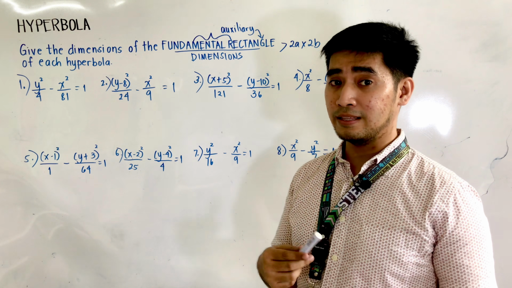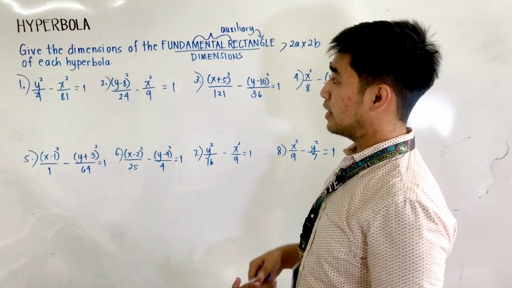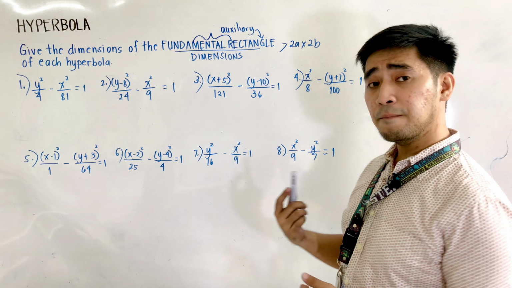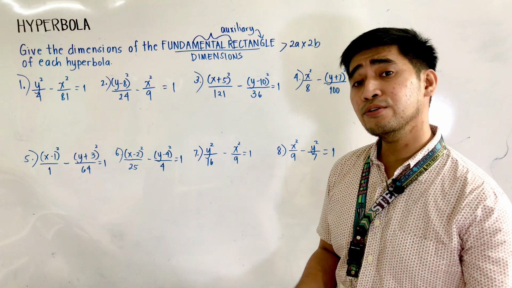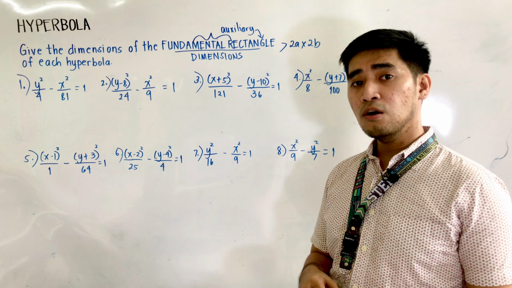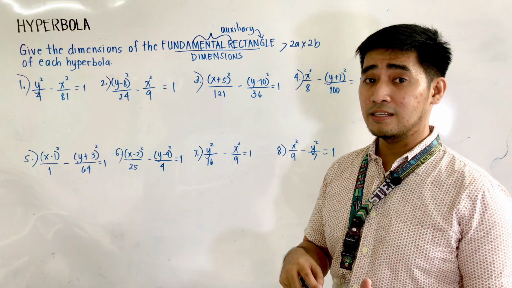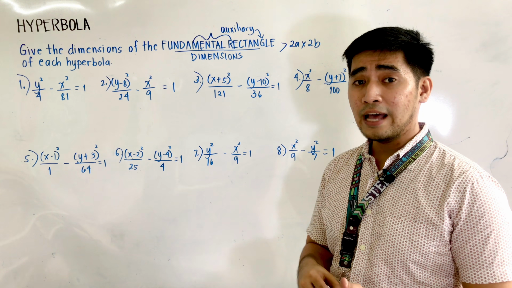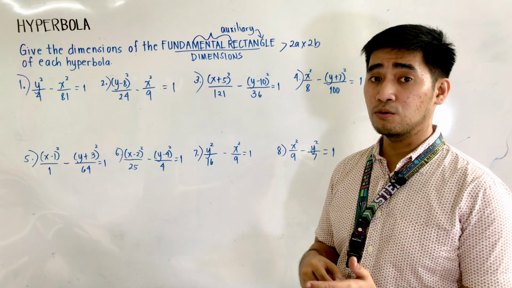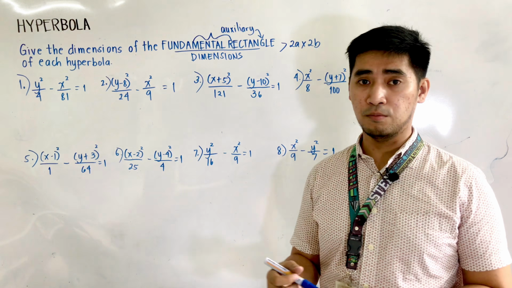So I will repeat this again. If you are asked to give the dimensions of the fundamental rectangle, you are also asked to get the dimensions of the auxiliary rectangle. Why? Because it is needed so that you could write the equation of the asymptotes of the given hyperbola.